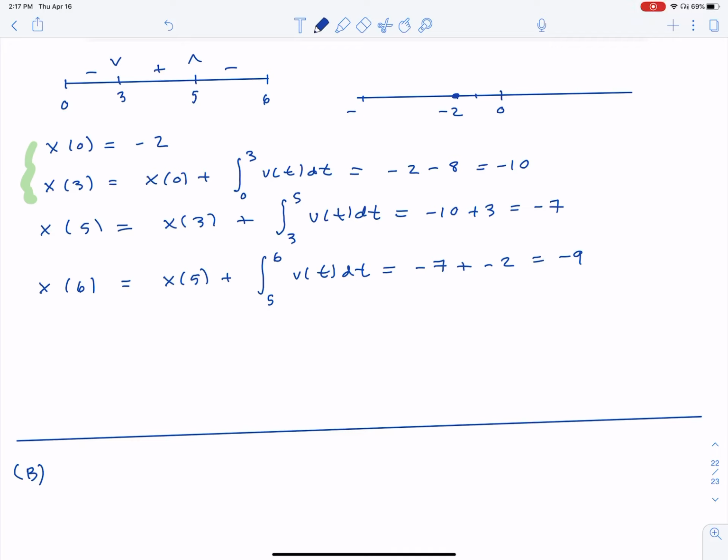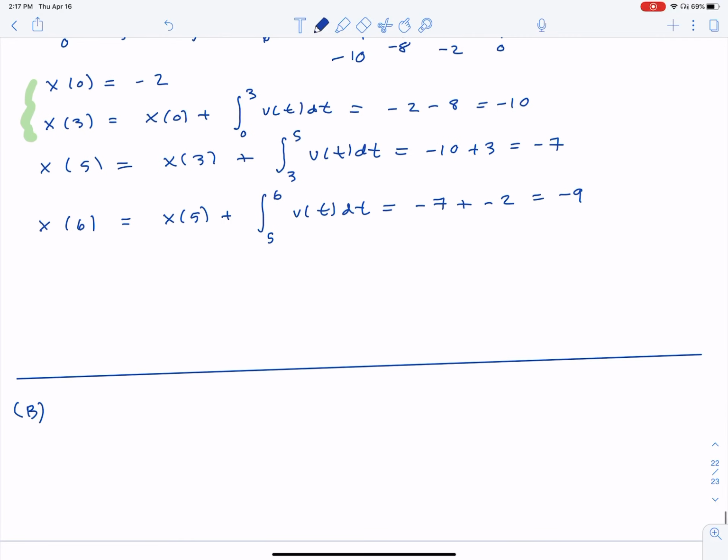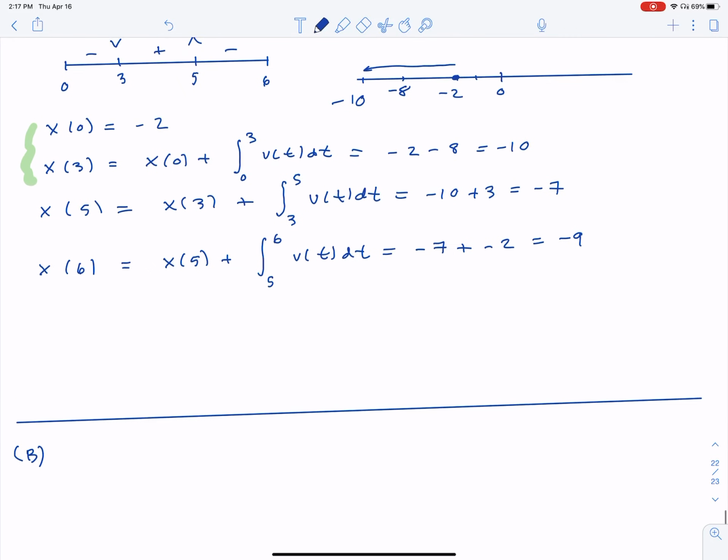I think you'd agree, if this function is continuous, which it is because it's a particle traveling, at some point it had to pass through -8. And again, the intermediate value theorem guarantees that. So it does it once there.